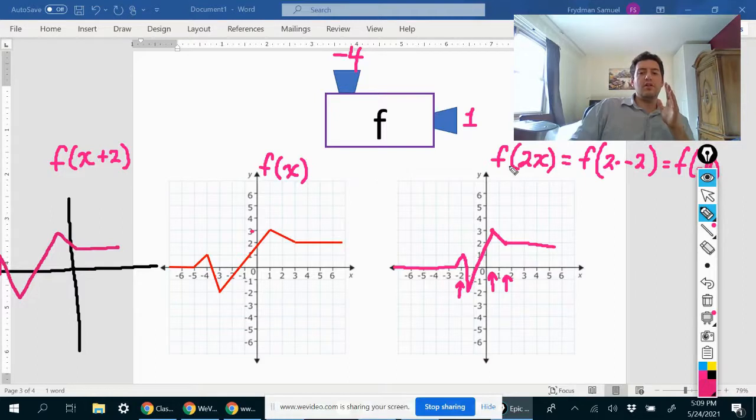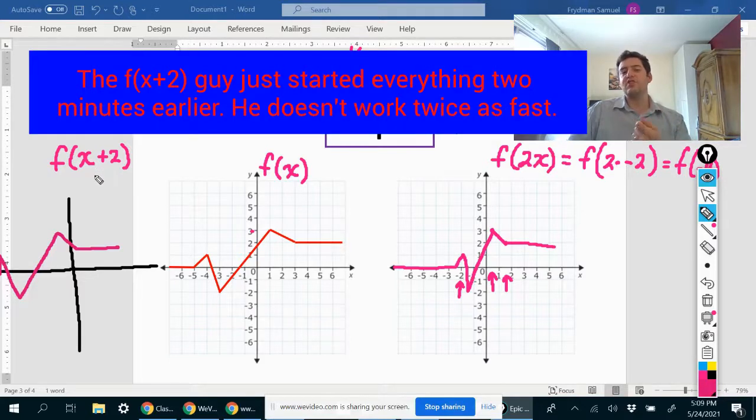So here you can think of the guy going twice as fast, so he accomplishes everything in half the time. Here, he's not going twice as fast. He's just getting everything done 2 minutes earlier. So it still takes him the same amount of time to do it. He just was finished with everything earlier than this guy over here. All right, but it's taking him the same amount of time. So the length from here to here, say, is the same on this graph as the length from here to here.